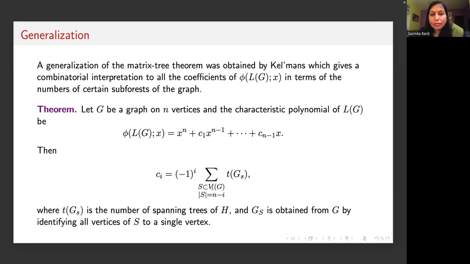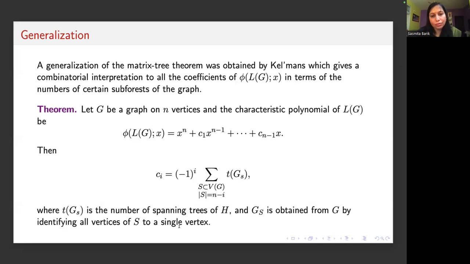and the summation is over subsets S of V(G); if you are counting ci, you take a subset S of V(G) of size n minus i, and now you look for spanning trees of G_S. G_S is the graph obtained from G by identifying all vertices of S to a single vertex.